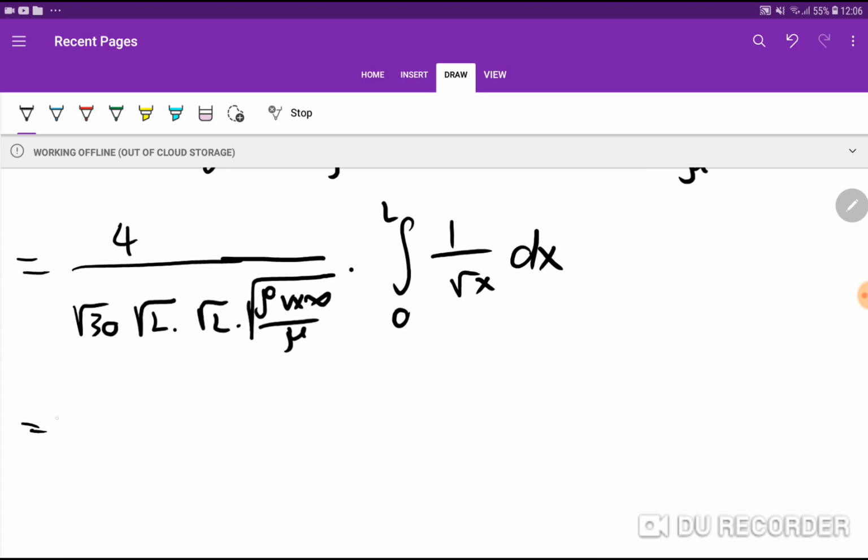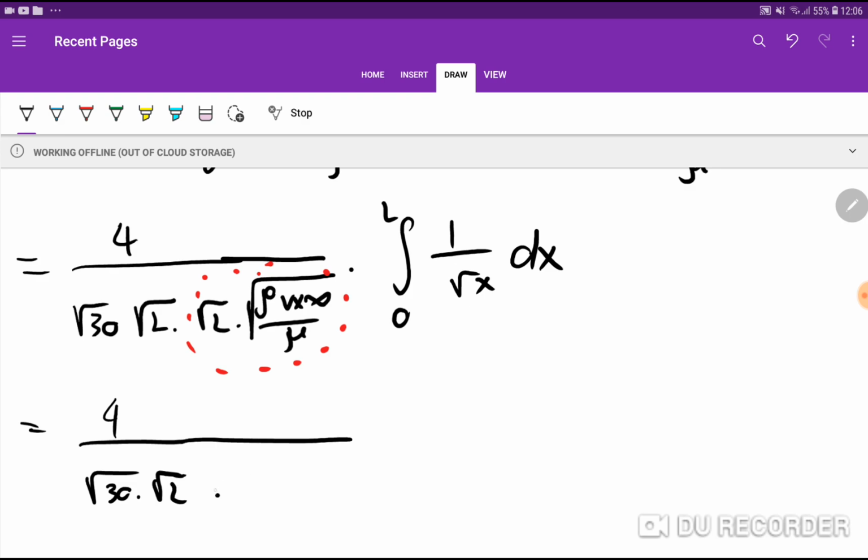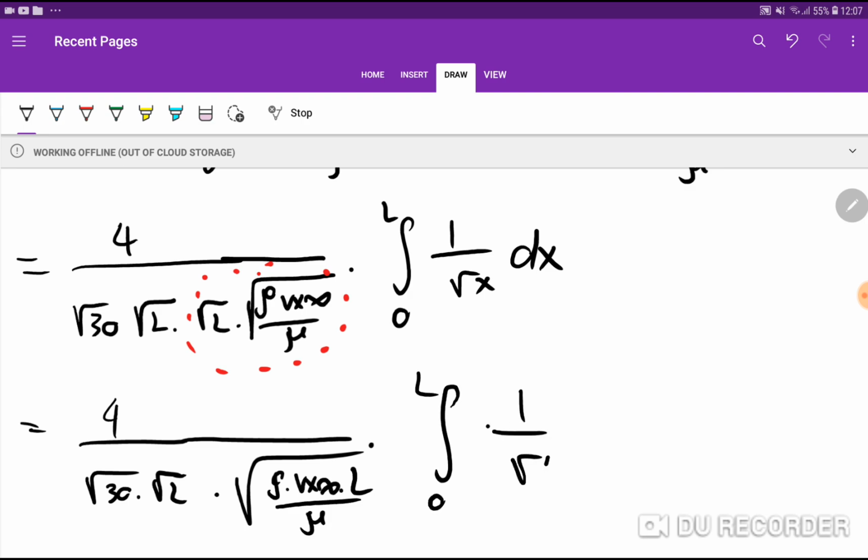Okay, y'all see something? I can group these terms together. So we get 4 over square root of 30 times square root of L times square root of rho times Vx infinity times L over mu times integral from 0 to L of 1 over square root of x dx.